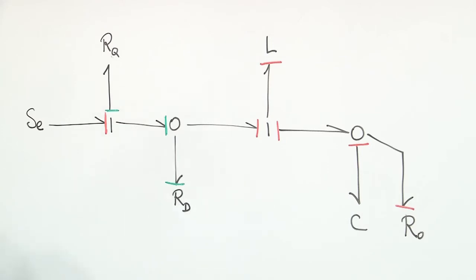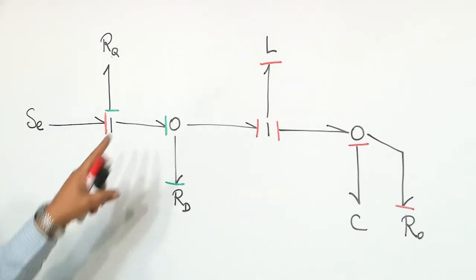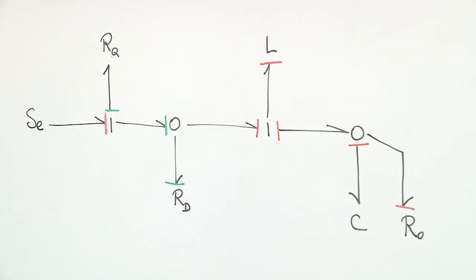Let us say, so, the ones marked green are still hanging in balance, just for explanation. Now, let us say RQ is on, RQ is 0 resistance.